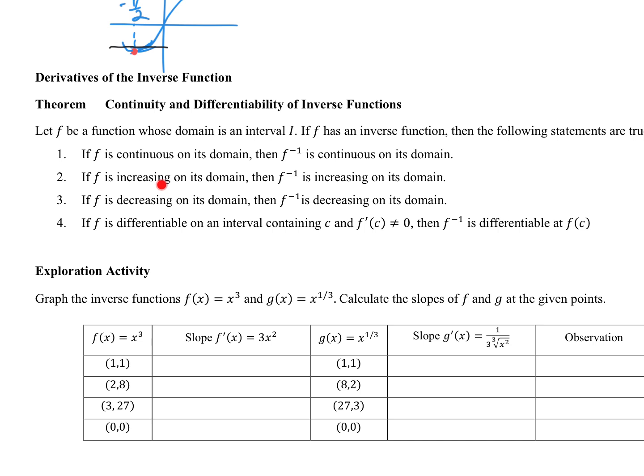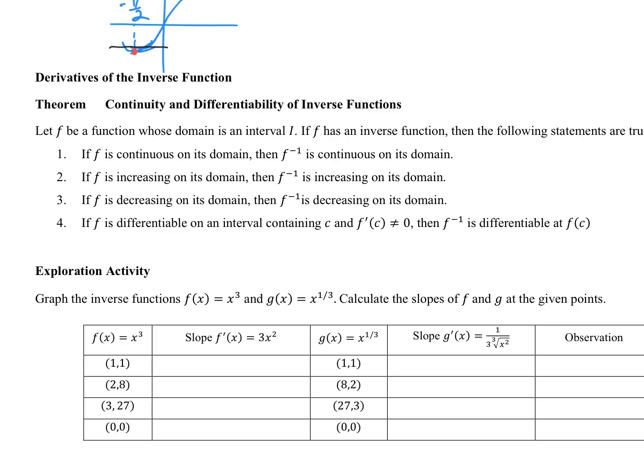If f is increasing on its domain, then so is f inverse. If f is decreasing, then f inverse is also decreasing. If f is differentiable on an interval containing c, and f prime of c is not equal to 0, then f inverse is differentiable at f of c.